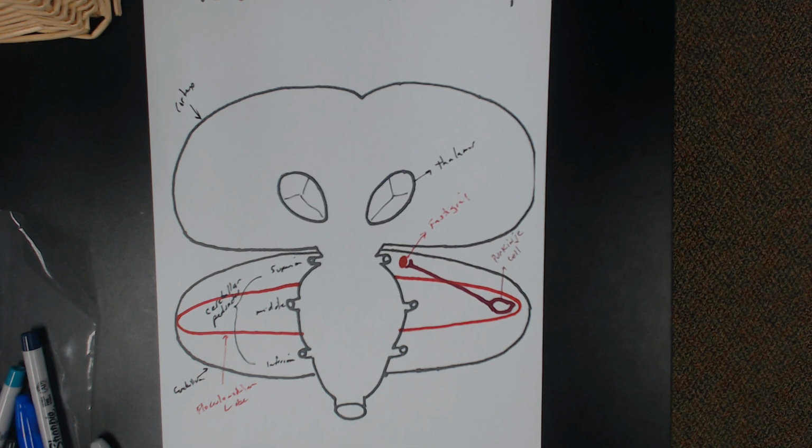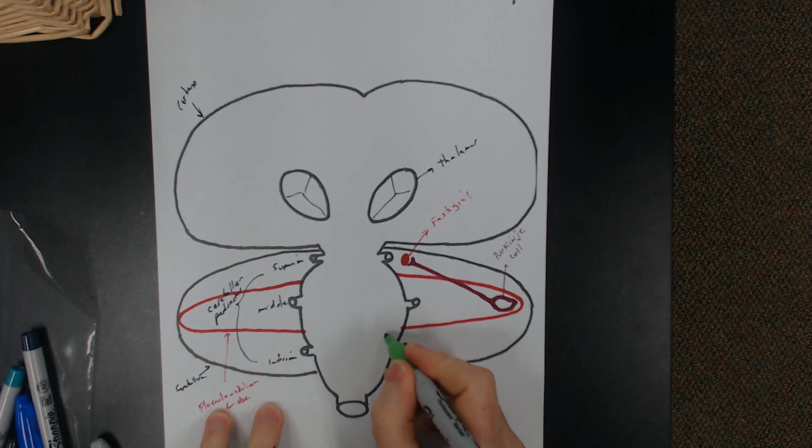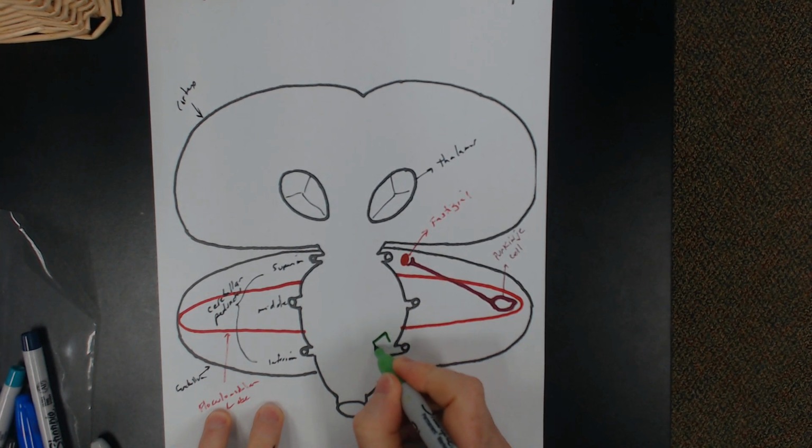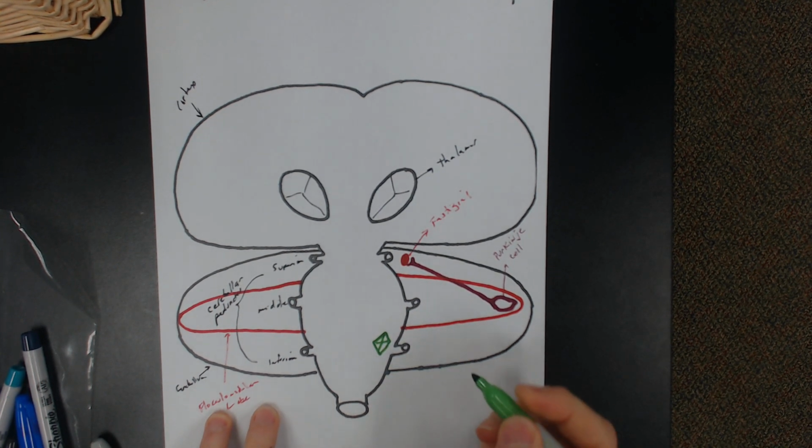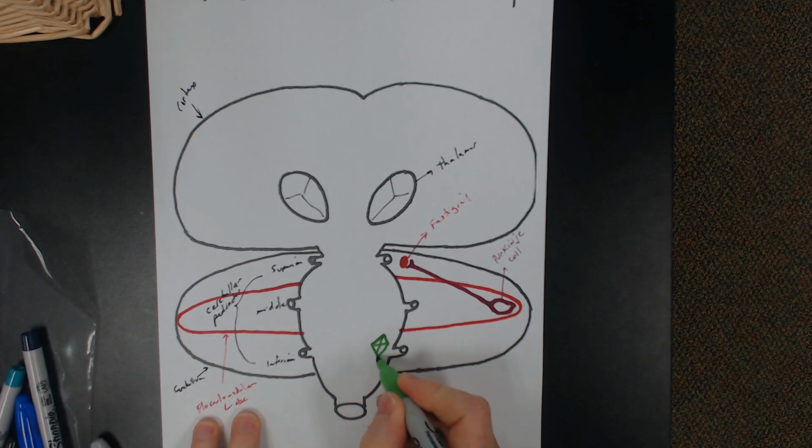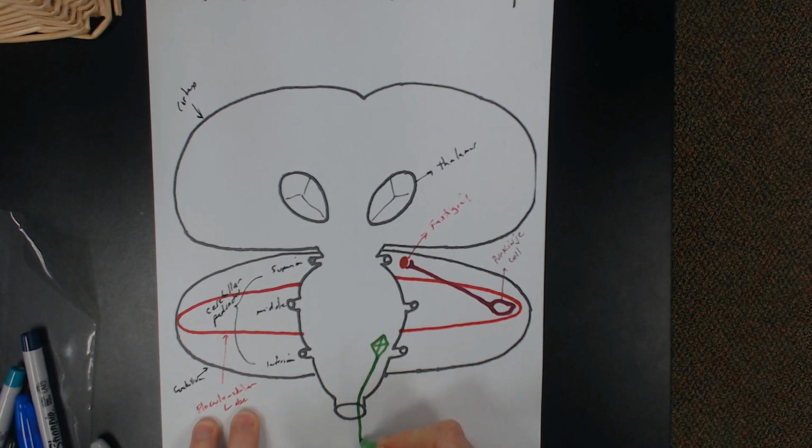Just drawing the players, and there's only one more player for the vestibulocerebellar pathway, and that's going to be this nucleus right here. You'll learn it's kind of at the base of the pons, and draw it kind of the same every time. This is going to be your vestibular nucleus, and coming out of that is your vestibulospinal tract.